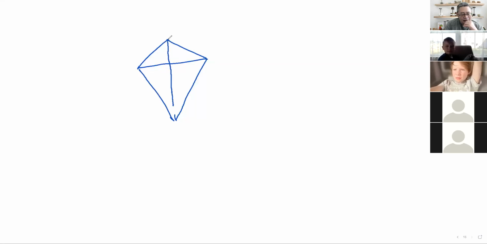So lastly is the kite. For that, we need to know this diagonal, and we also need to know this side. And you can see that with this side and that side, we made 2 triangles here.